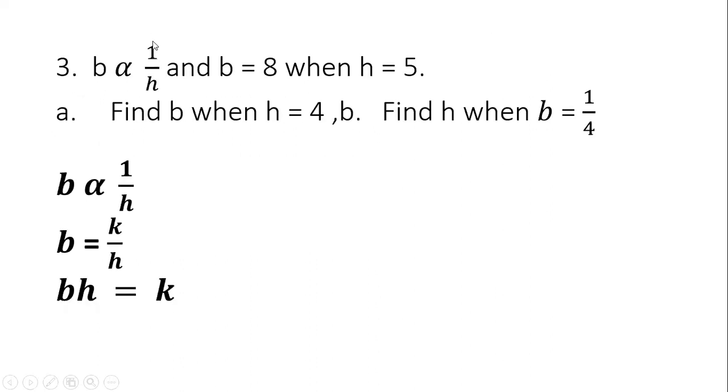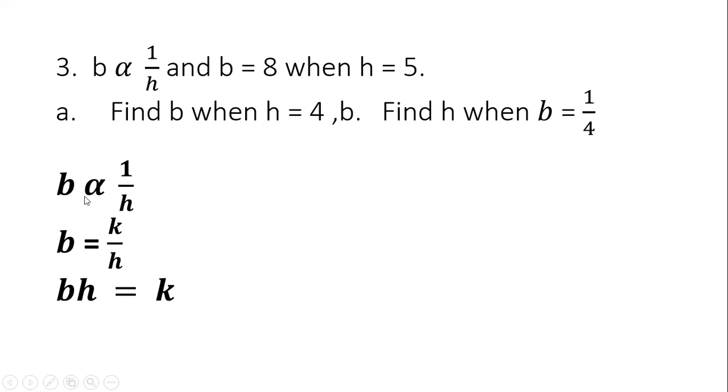A question on inverse: B varies inversely as H, and B equals 8 when H is 5. Find B when H is 4. Then the second question, find H when B is 1 over 4. Well, you must first find the formula connecting them before you can begin to find each of these values.